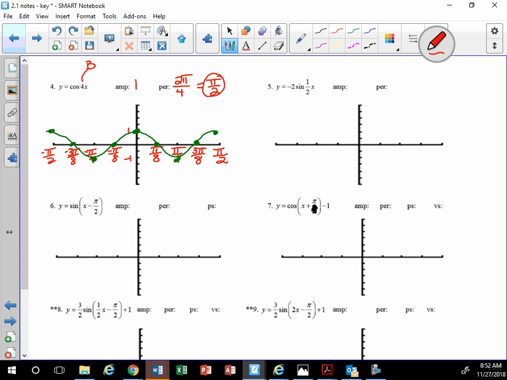Okay, let's try number 5. I want you guys to try to just get your x-axis labeled first. Don't worry about actually graphing it yet.